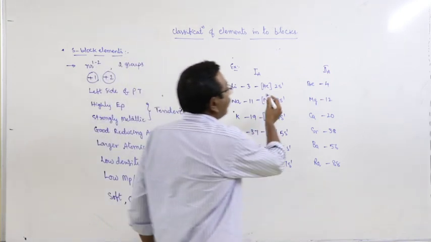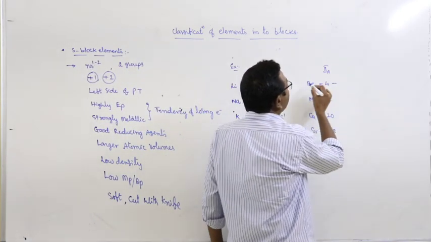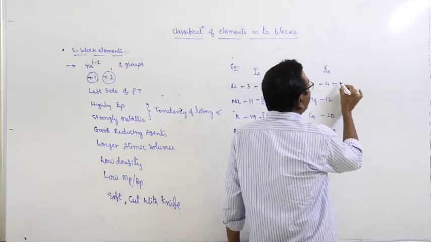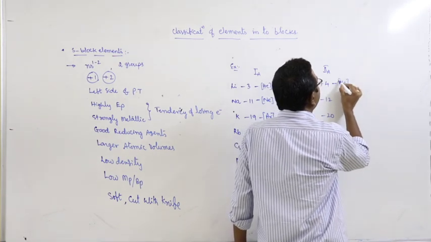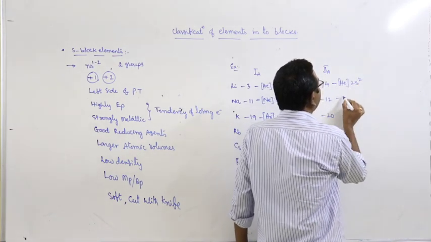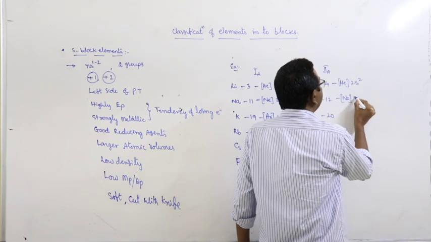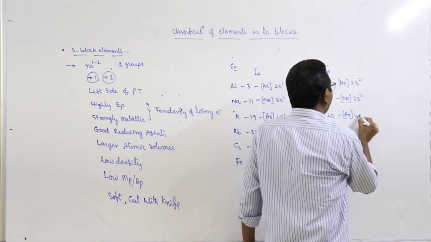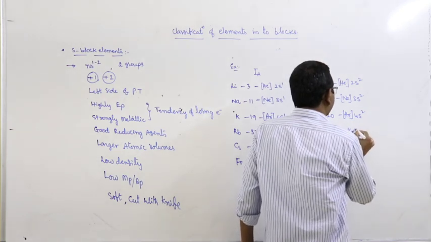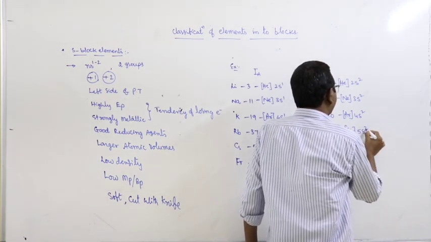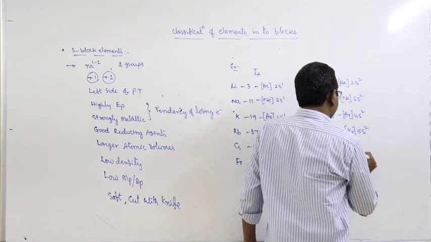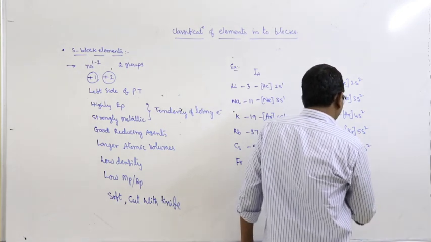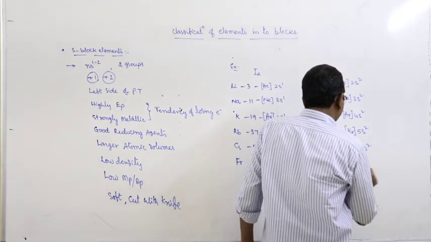Here I can give the example for the electronic configuration of second group elements also. Helium 2s2, neon 3s2, argon 4s2, krypton 5s2, xenon 6s2, radon 7s2.